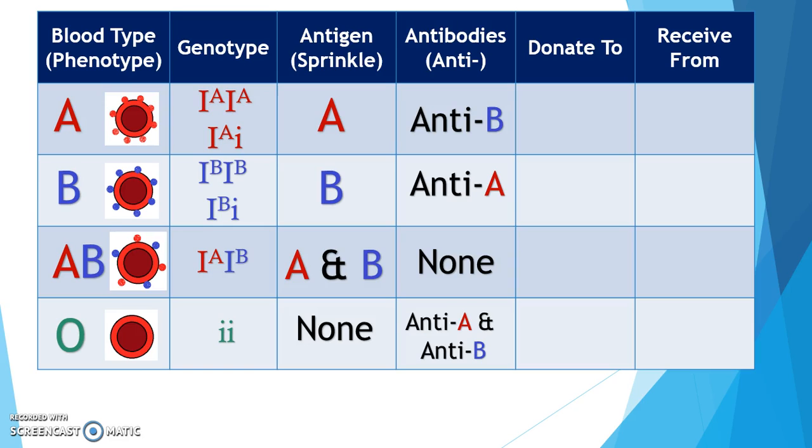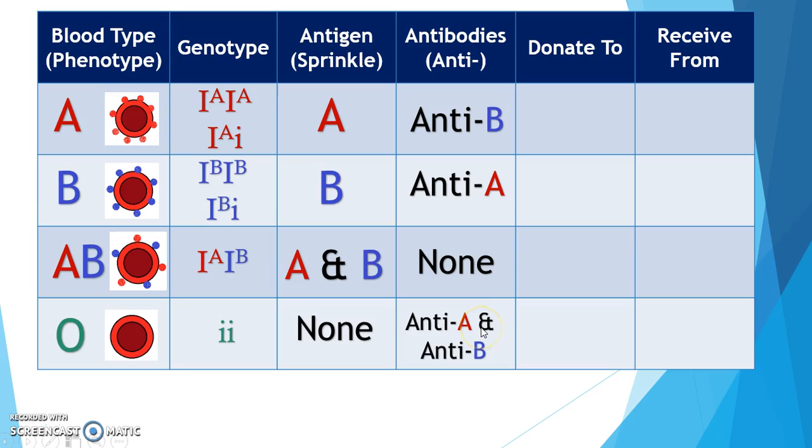Now, keeping that in mind, let's talk about who you can donate to. If you are type A blood, you can only donate to somebody who can receive your antigen. And so if we look at who produces anti-A antibodies, that would be a person with type B blood and a person with type O blood.